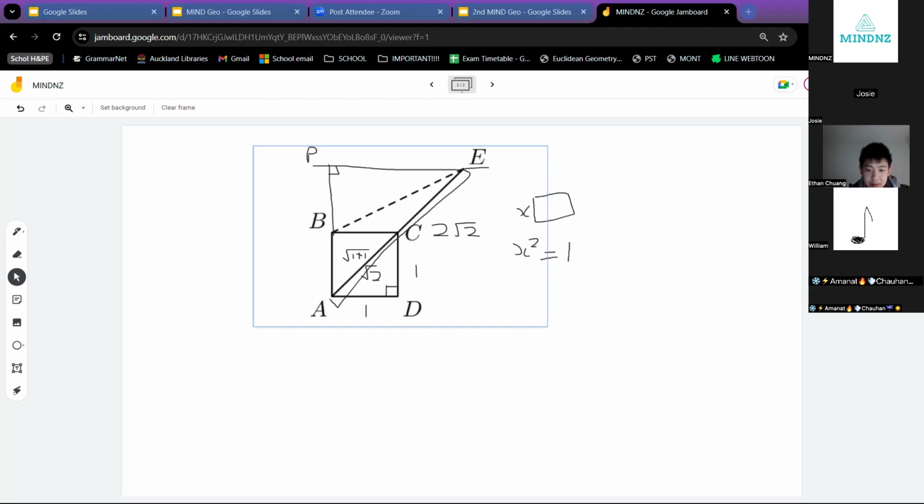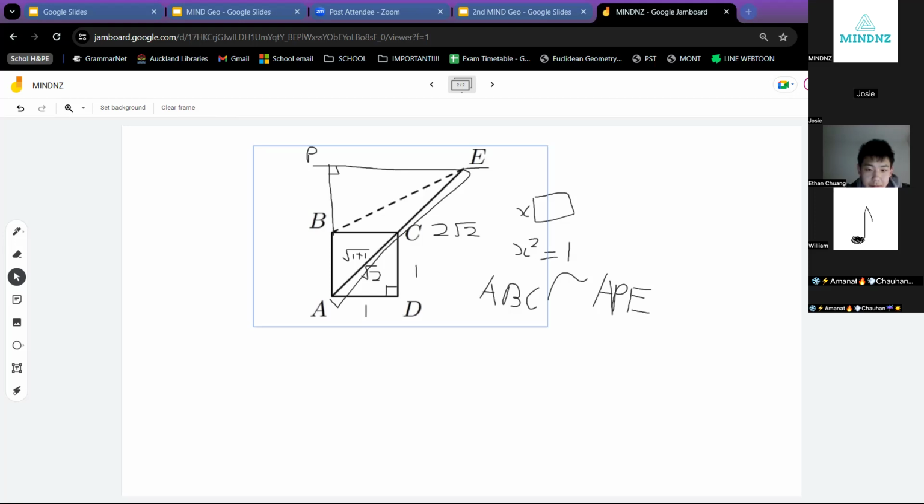Okay, I'll just go through it. Since triangles ABC and APE are both right angle triangles, and we know that the ratios are the same because AC is equal to CE, that means the area of APE must be 4 times the area of ABC.